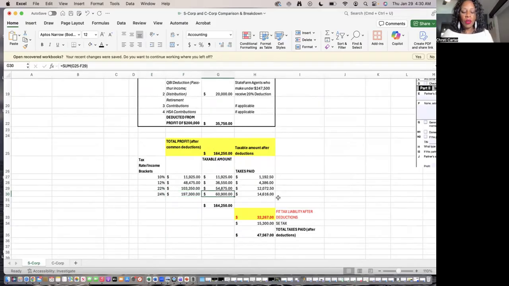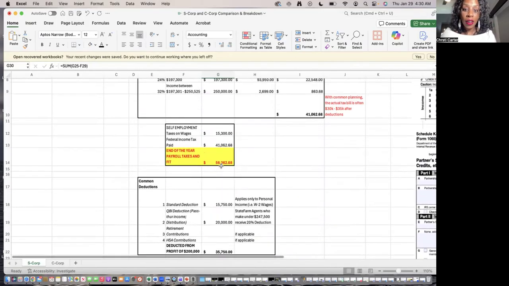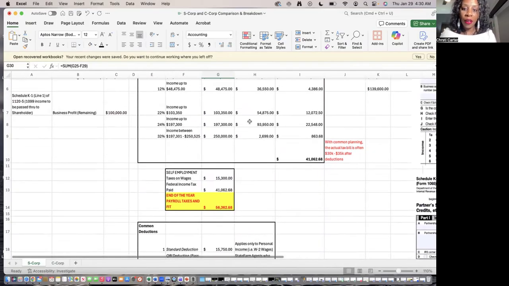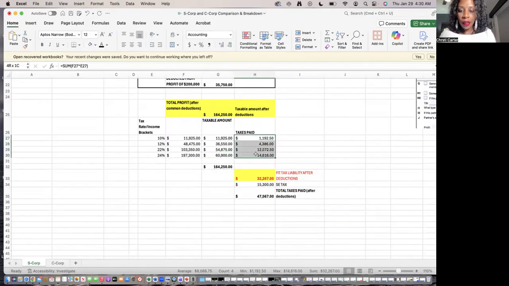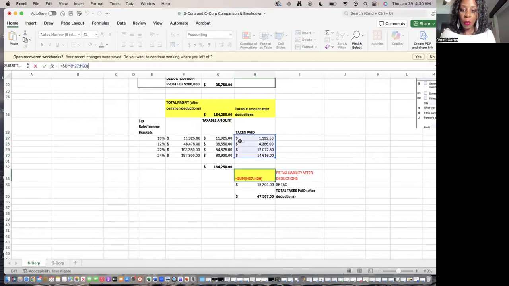So the difference, as you can see, for the 24% tax bracket, you're paying 24% on $60,900 instead of paying 24% on $93,950. And so the total after these deductions that you would owe for federal income tax is now going to be $32,267. And as you can see from my formula, totaled it out exactly.